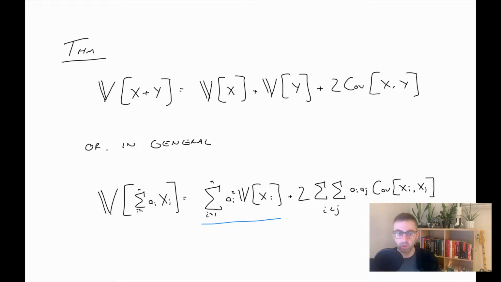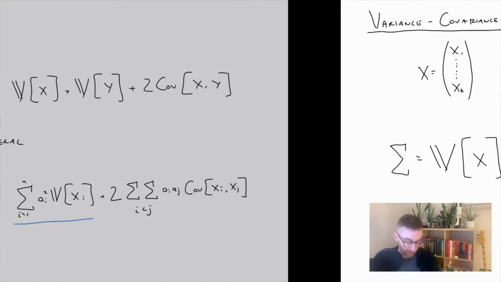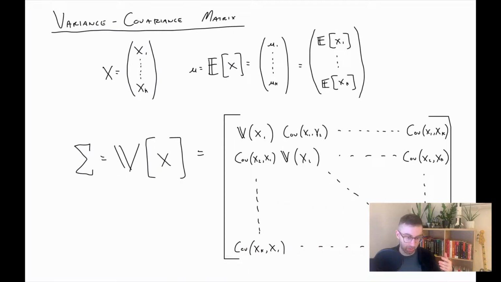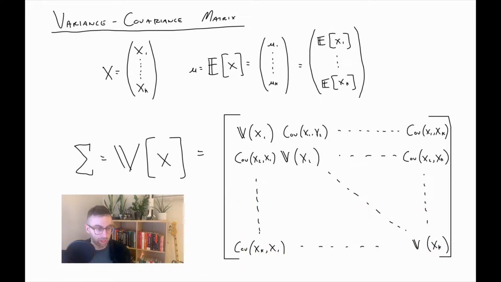To think about this, it's helpful to think about the variance covariance matrix. First, I want to define this random vector X that contains elements X1 through Xk. Then the mean vector is the expected value of X1, expected value of X2, expected value of X3, all the way through the expected value of Xk.